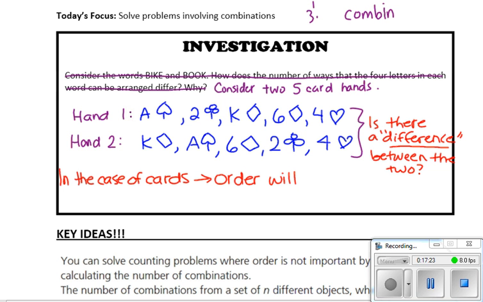But in the case of just holding a hand, order will not matter. And therefore, there is no difference if we're not arranging them. They are the same.